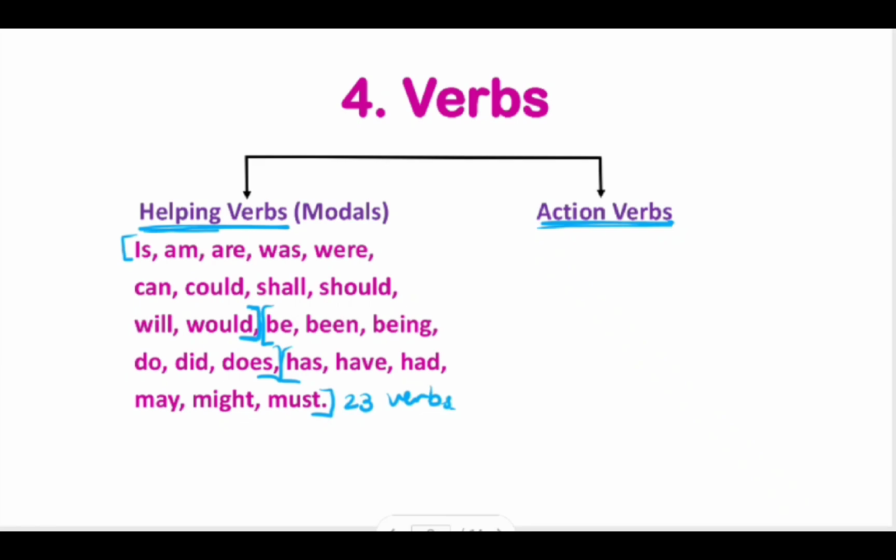Now, what are action verbs, children? Action words are nothing but words that show action. For example, the sun is shining. I wore a pink dress yesterday.